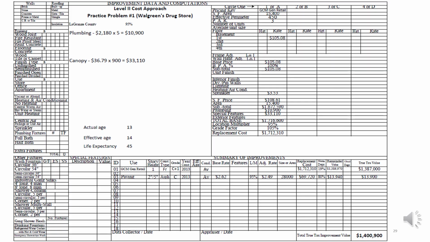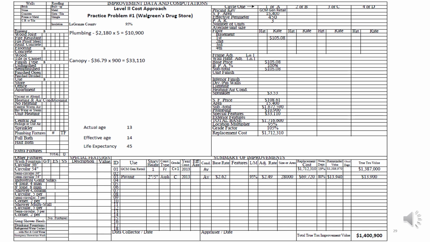So when we're in Appendix F, we are going to go to page 27, and under paving asphalt, we're going to see all of them are 10. So our life expectancy for paving is always going to be 10. Then we're going to go back to page 28. We're going to go down to our effective age of 14, over to our life expectancy of 10, and you're going to find 80% depreciation.